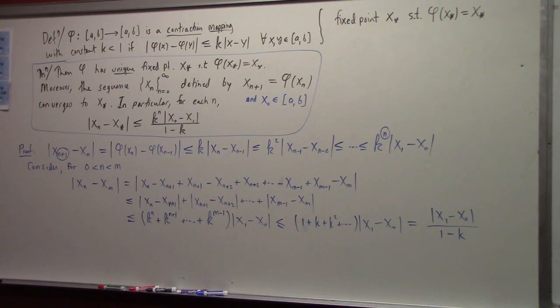All right. Now, does this prove that the iteratively defined sequence is a Cauchy sequence? I think the last thing I wrote maybe doesn't, because whatever that is, it's fixed, right?